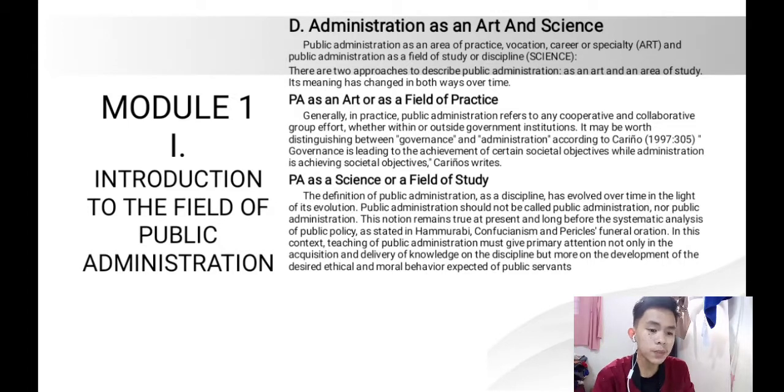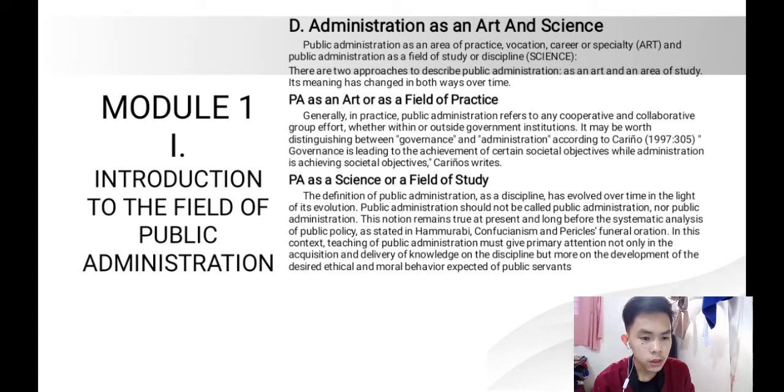Okay, we have public administration as a science or a field of study. The definition of public administration as a discipline has evolved over time in light of its evolution.